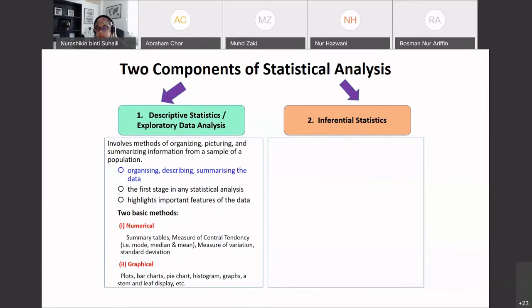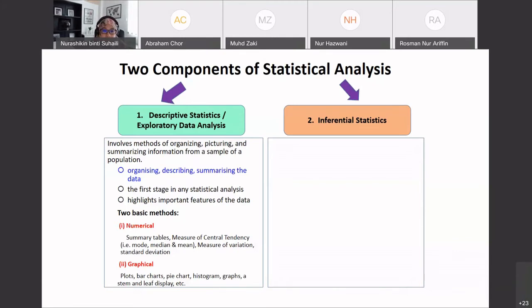So meaning to say that this is something very common to lots of experiments, whereby you do the experiment, you describe whatever the things that you observe, you describe whatever the things that you have collected, right? The data that you have. So it's about description. It's related to the word description, describing the statistics based on the data that you have.